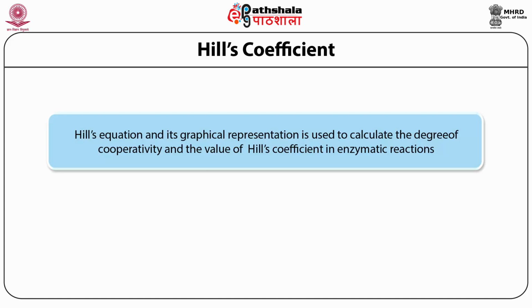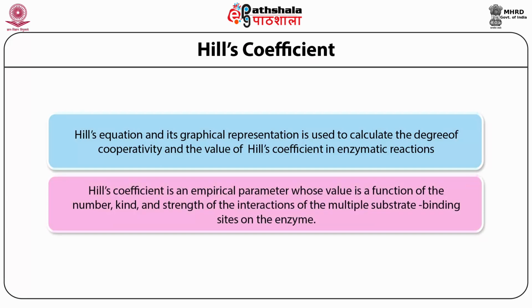The Hill coefficient, which comes out of the Hill's equation, is an empirical parameter whose value is a function of the number, kind and strength of the interactions of the multiple substrate binding sites on the enzyme.